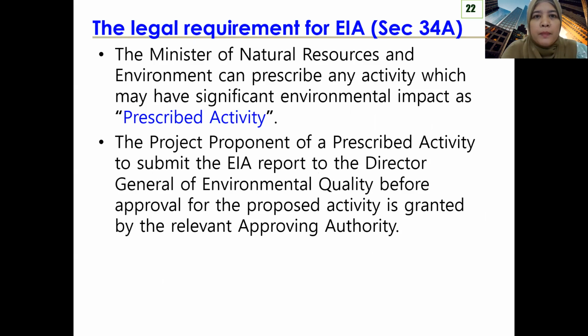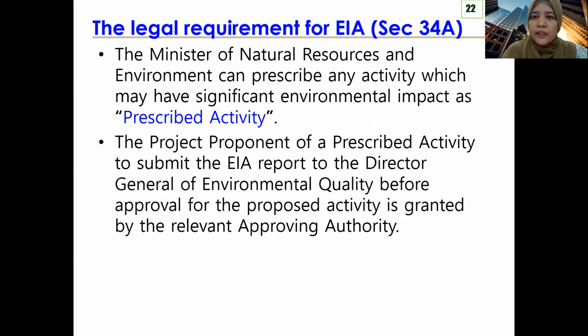So the legal requirement for EIA is contained under Section 34A of EQA. Okay, dalam Environmental Quality Act, Section 34A, there is a requirement for EIA. So it states that the Minister of Natural Resources and Environment can prescribe any activity which may have significant environmental impact as prescribed activity.